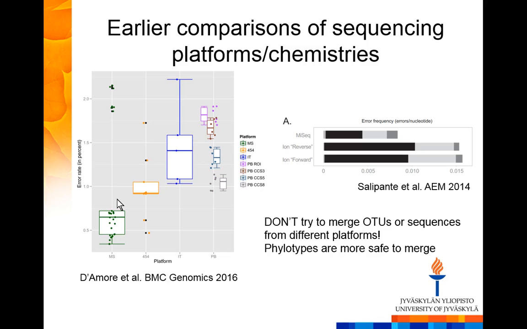And I would definitely not merge current data with that kind of data. But because we have Ion Torrent at the University of Jyväskylä, we use that. And so far we have never got a comment from a reviewer asking why didn't you use MiSeq? So you can do it, no worries.